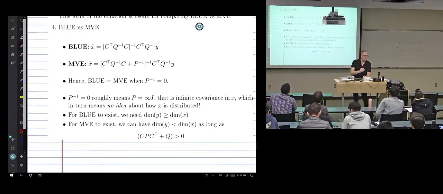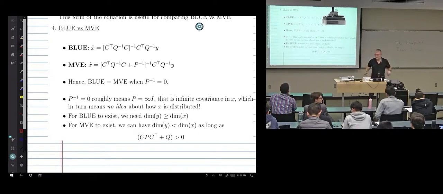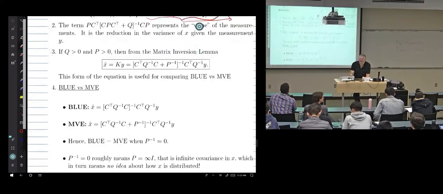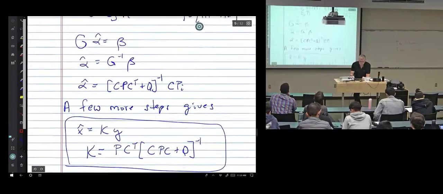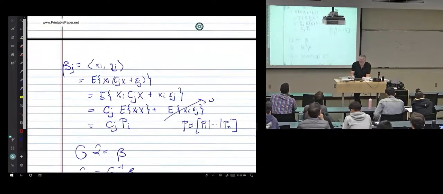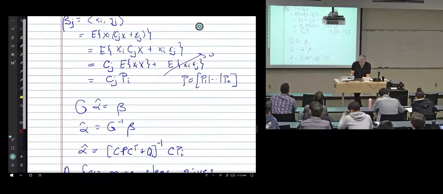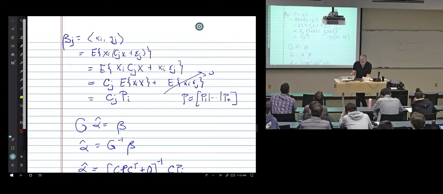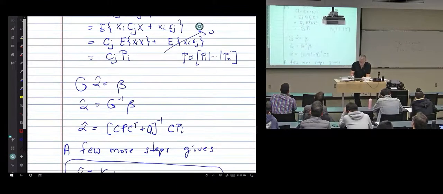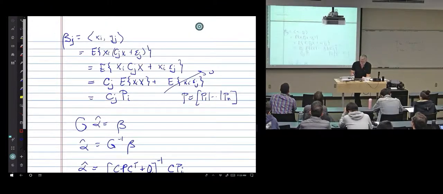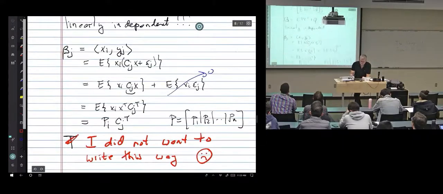A question? Yeah. Previously, when you were calculating alpha hat, your final equation of it, should that just be P for alpha hat? So let's skip my notation.